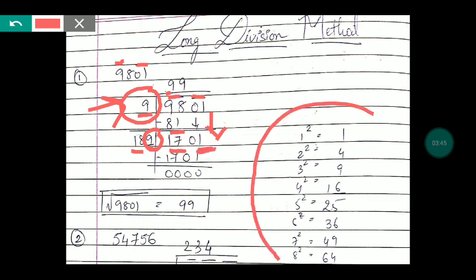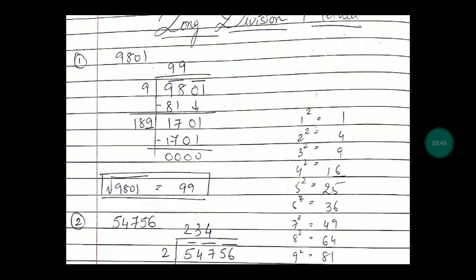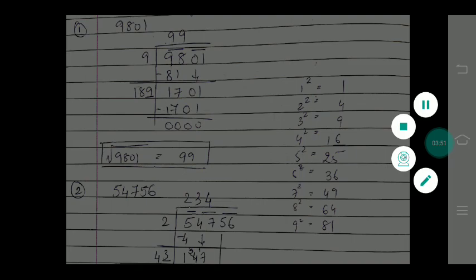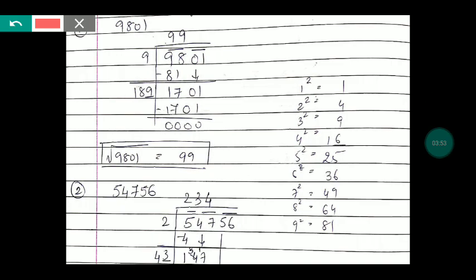So one square, 2 square, 3 square, 4 square, 5 square, 6 square, 7 square, 8 square, 9 square. All these squares you will write down in front of you so that you are aware which ones end with 1. So we have two digits, 1 as well as 9, ending with 1.